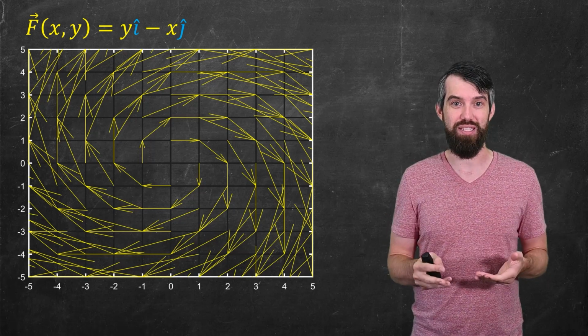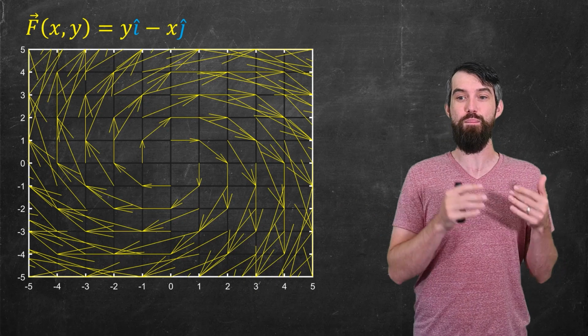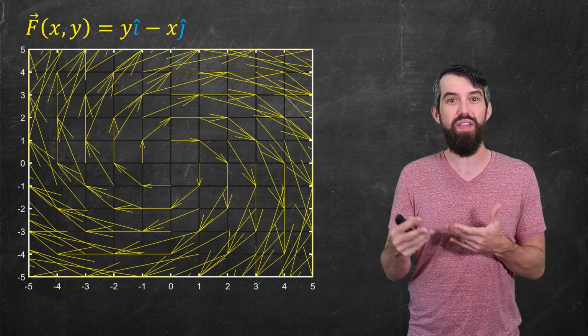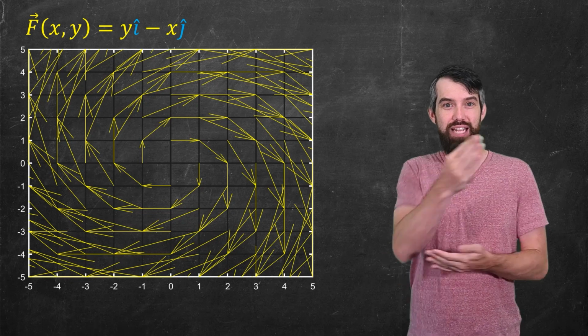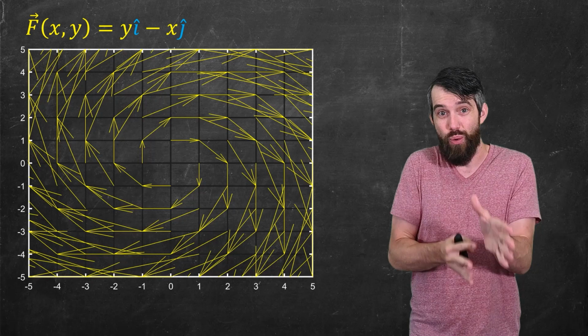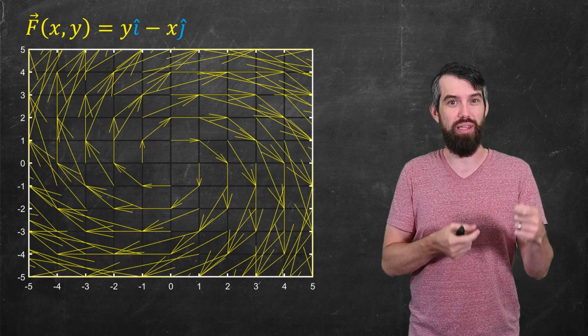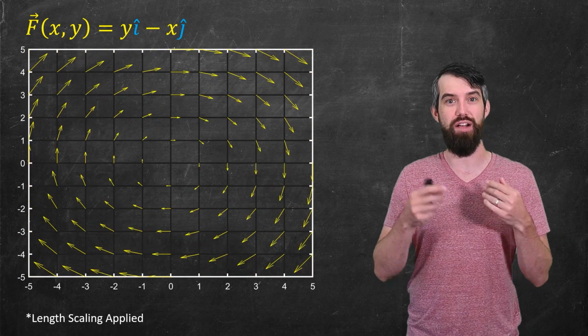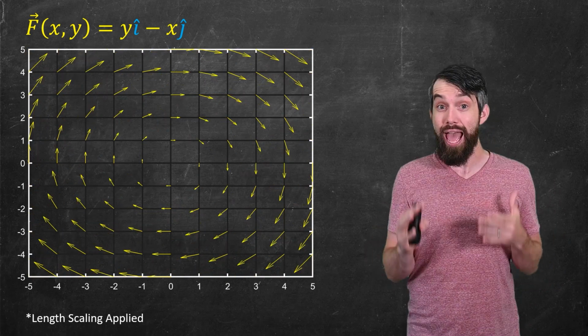So one thing, for example, is that this looks pretty messy because the arrows are overlapping. And so one thing that you might want to do is, instead of having a vector, which we think of as a length and a direction, keep the direction, but maybe play with the lengths a little bit. So this is, for example, a rescaled version of the same thing. These lengths are not accurate.